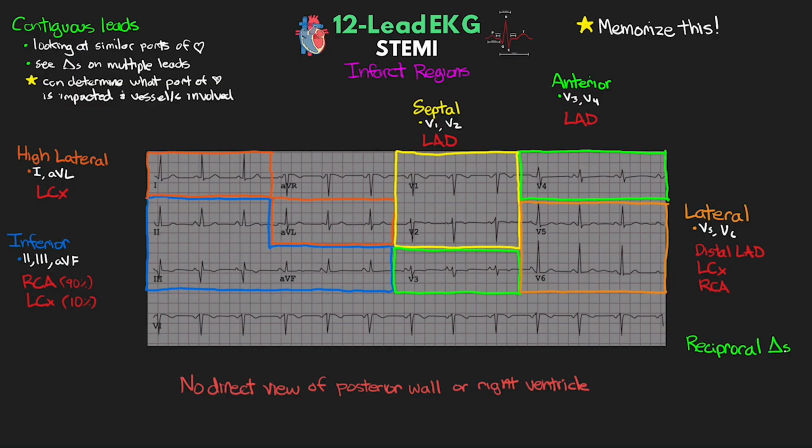Due to the size and magnitude of injury that's taking place with STEMI, along with all that abnormal depolarization, not only will we see the ST elevation in the leads directly viewing them, but the leads that are opposite or looking from the other direction will actually pick up this large electrical activity moving away, thus giving us ST depression. So this is what we refer to as reciprocal changes, and these are commonly seen in patients having STEMI.